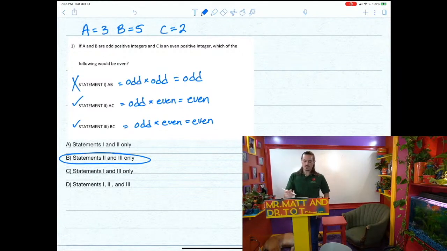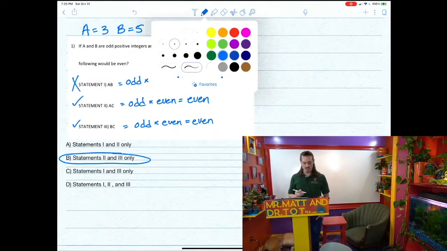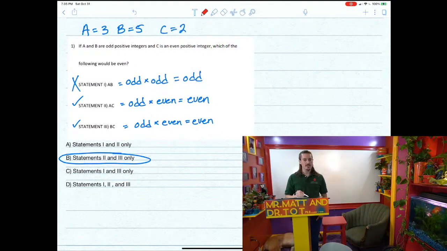Notice that once I eliminated answer selection A, I would know that the answer was B immediately, because A, C, and D all contain statement 1. A lot of students are intimidated by these problems because there's a lot of information in them, but you can use the statements against the question itself. If you know statement 1 is false, all answer selections containing statement 1 also have to be false.